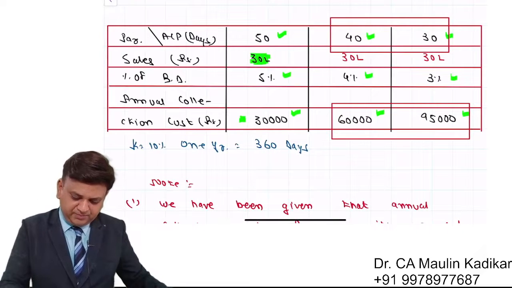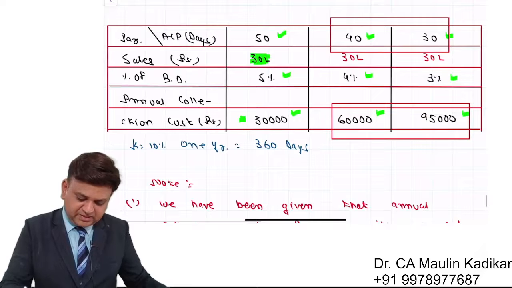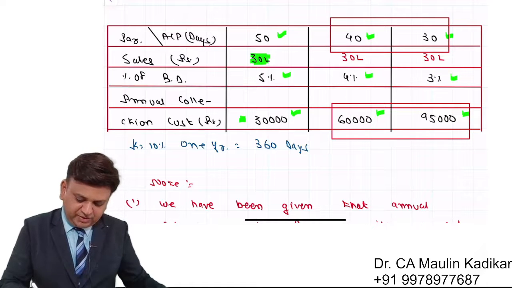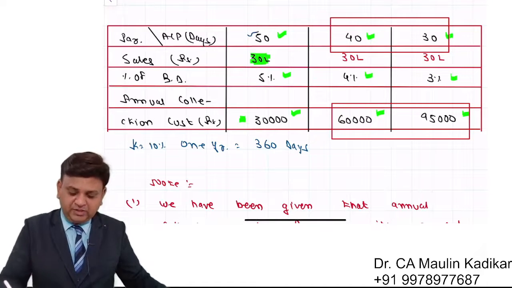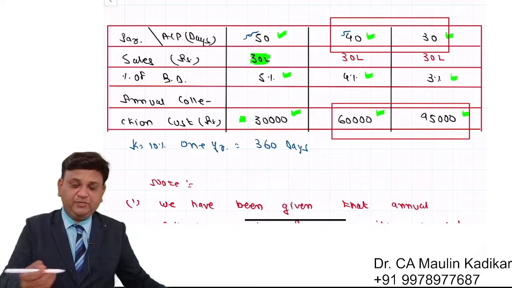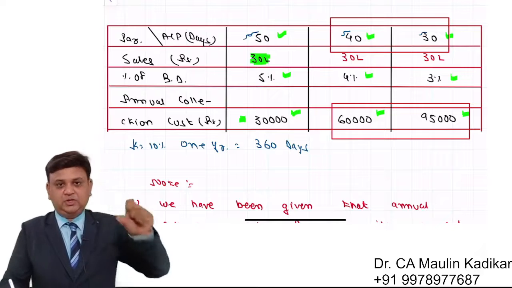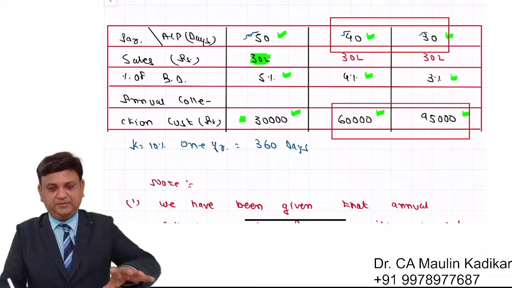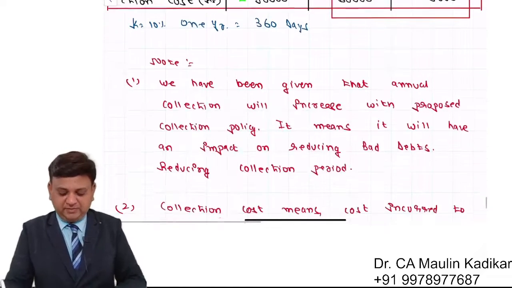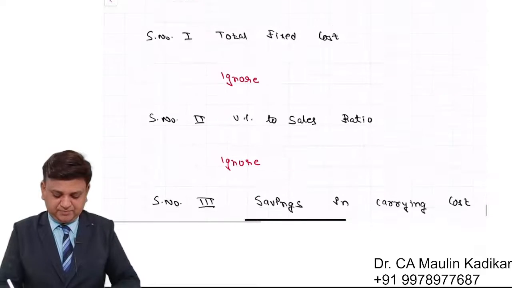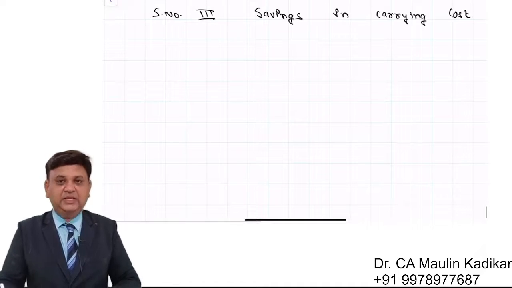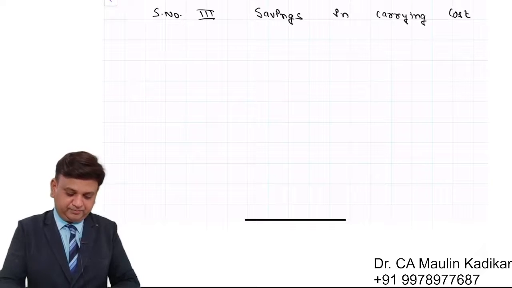The collection period is right now 50 days. From 50 it will reduce to 40. Right now it is 50 days. From 50 it will reduce to 30. So there is a reduction in the time period, because of which there will be a savings in the carrying cost.